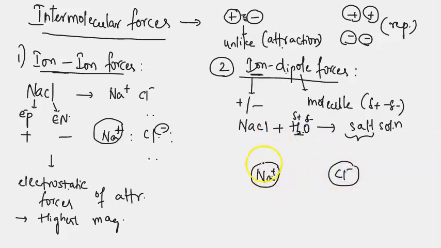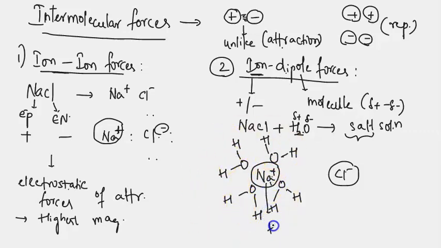How? This way. Around the Na+ ions, we see H2O molecules attaching. This way, around the sodium ion, the water molecules get surrounded. This process is called hydration, the ion which is surrounded by water molecules is called a hydrated ion, and the energy released because of this process is called hydration energy.